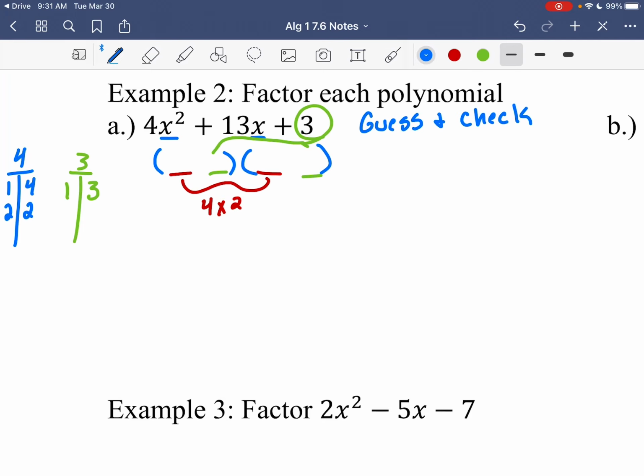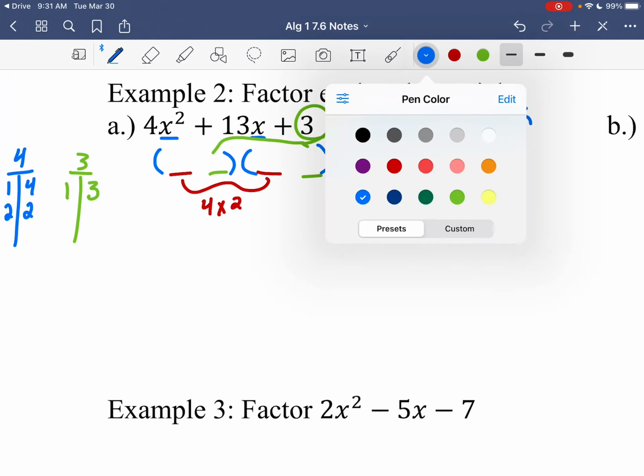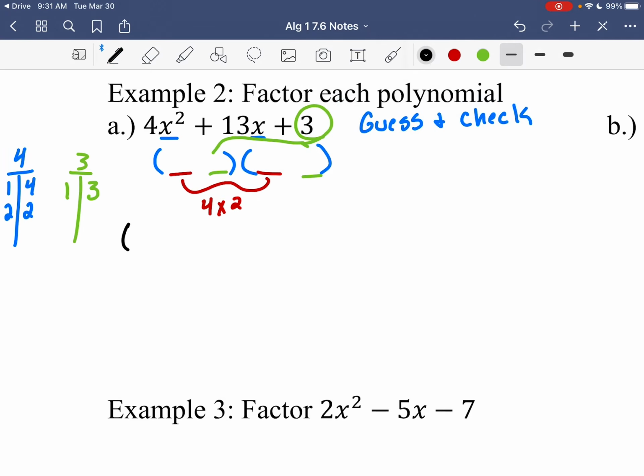And so I'm going to start with maybe the first one, and I'm going to put one together, see if it works. So I'm going to use the 1x and the 4x to get the 4x squared, and we'll try the 1 and the 3. Everything's positive here. And then now we're going to check it.